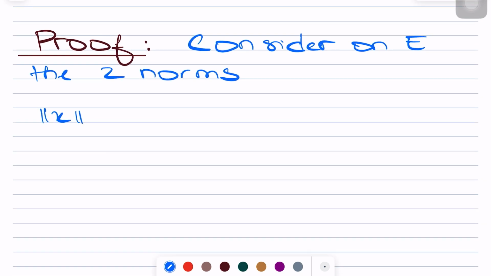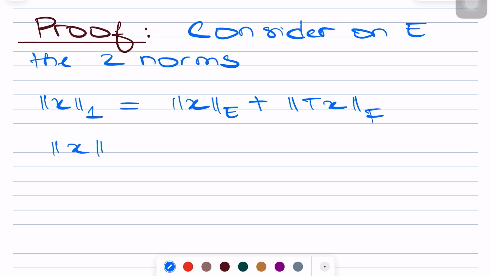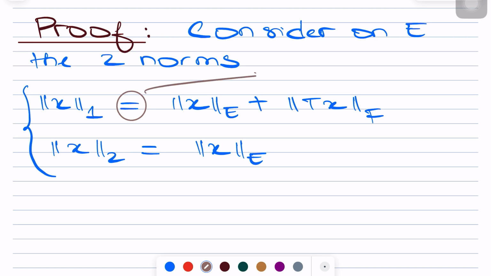Norm 1 is defined as the graph norm, for those who are familiar with the notion of graph. Then we consider the norm 2, defined as the norm of x in E only. So just for your recall, this is the graph norm.